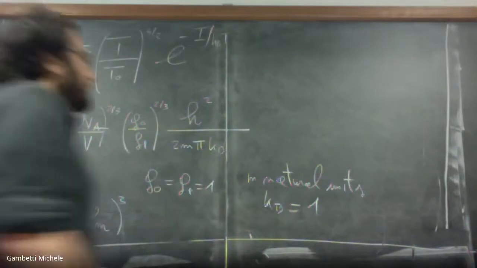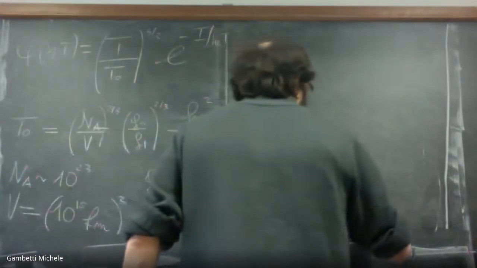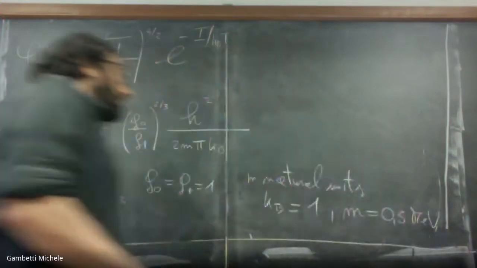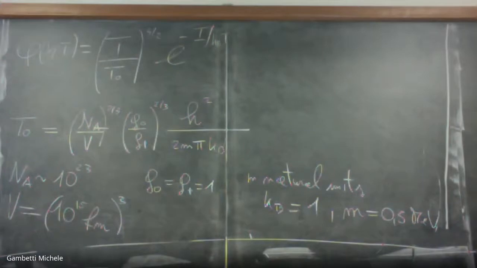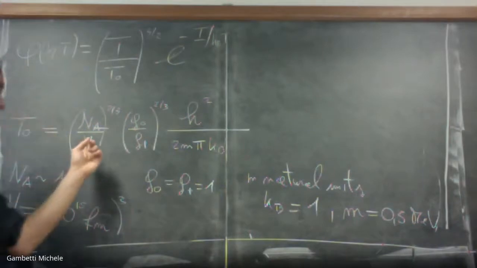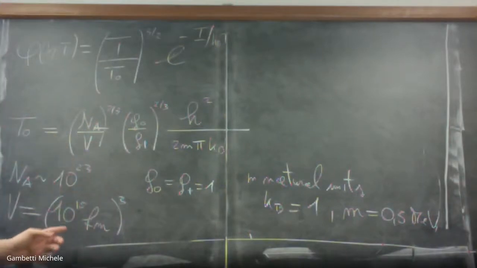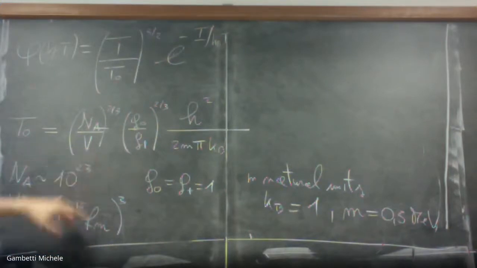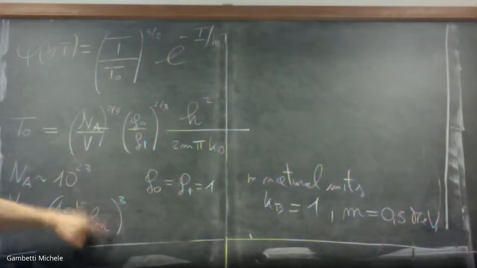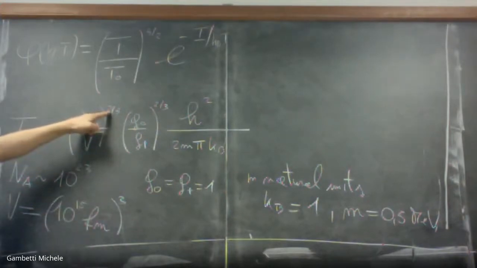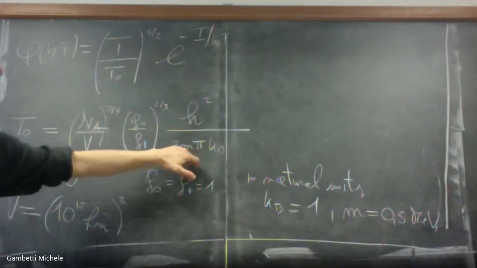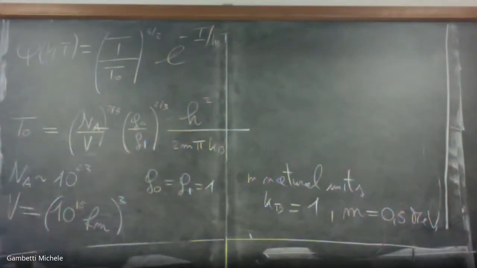And m, which is the mass of the electron, is 0.5 MeV. So then you see that here you have a quantity that contains a Fermi squared in the denominator, because this volume is Fermi cubed, and then I have a MeV in the denominator, and the rest is dimensionless.